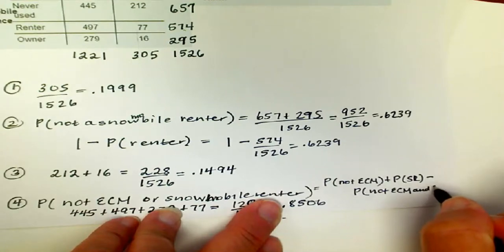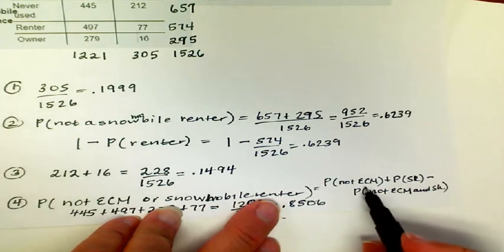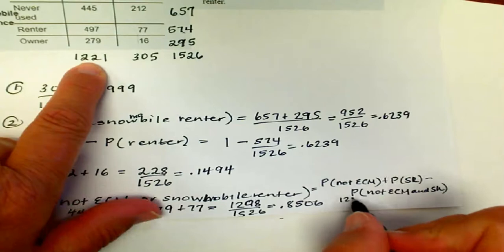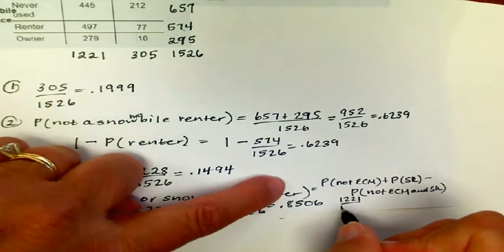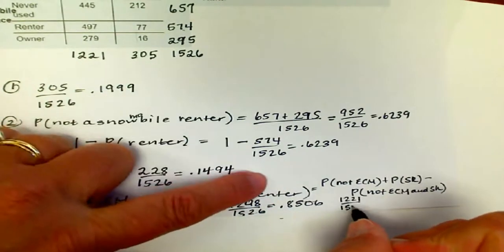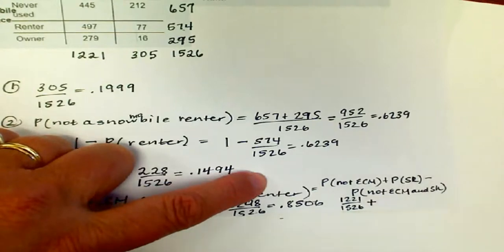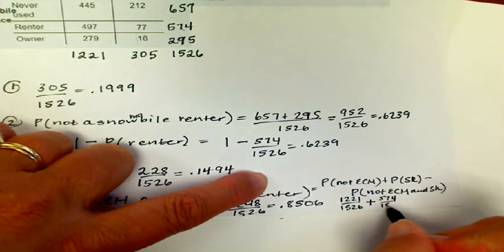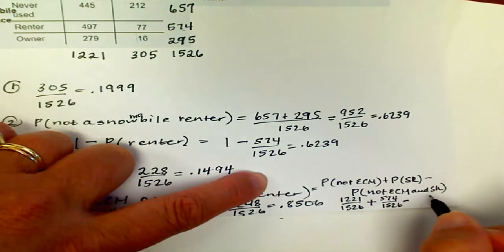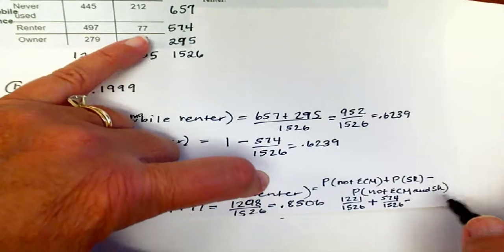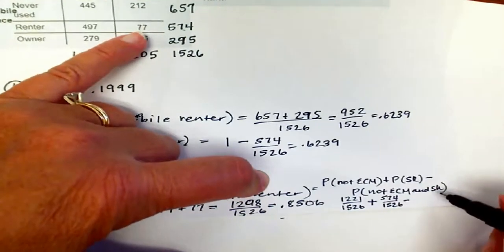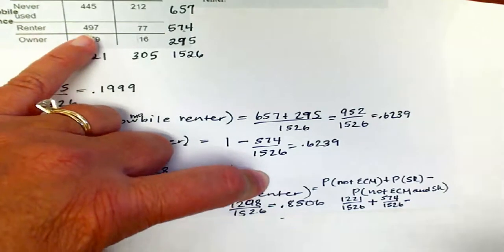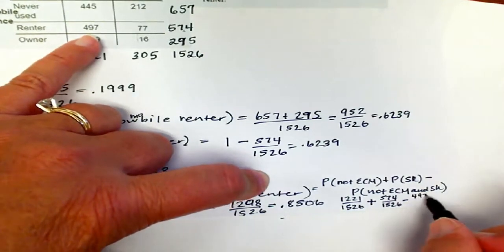So not would be 1221 over 1526 plus snowmobile renter would be 574. Man, this might be easier to do it this way. Use the rule and subtract out both. So not and a renter would be minus the 497.